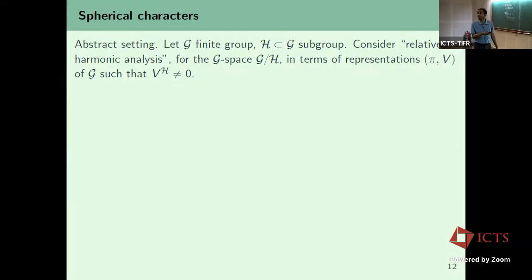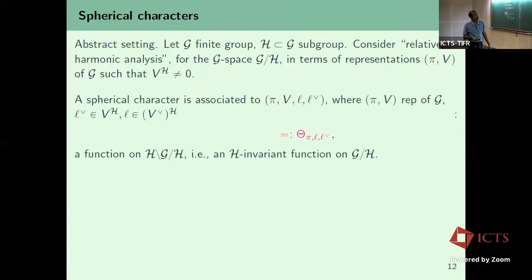So how do you do character theory in this setting? Let me define a spherical character. A spherical character is not associated to a representation of G alone, but a representation of G, pi, together with an H fixed vector and an H fixed covector. If you have these data, what is the associated spherical character? It is just the matrix coefficient associated to this vector and covector.